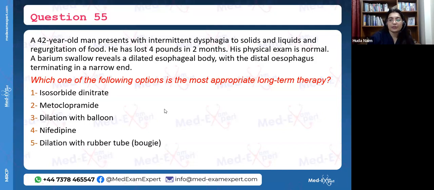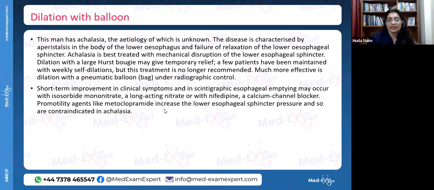Achalasia, very good. The patient is suffering from achalasia, and the treatment would be to dilate with a balloon. The short-term management would be giving the patient nitrates or botulinum toxin, but later on you would like to do some surgical management, and that would include dilation.